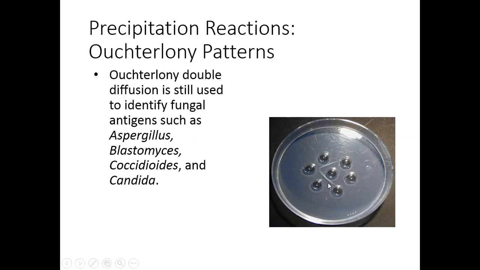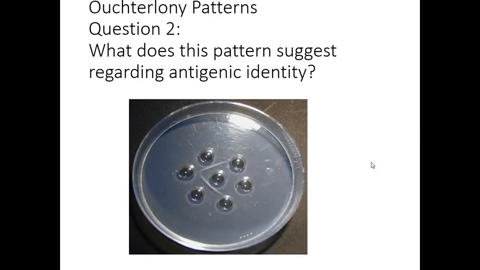And this pattern, remember, what does this pattern mean? This arc is referring to what? The patient has identity. It means the patient and the known are the same when you get that arc, right? That pattern suggests identity. An arc pattern suggests identity.